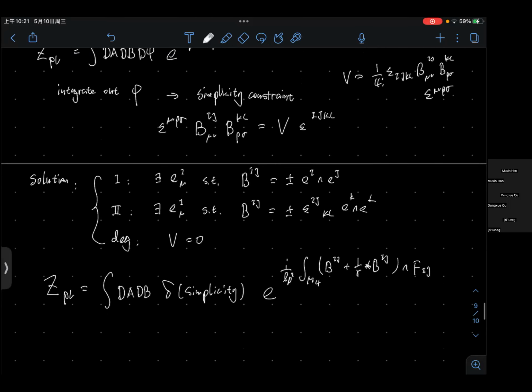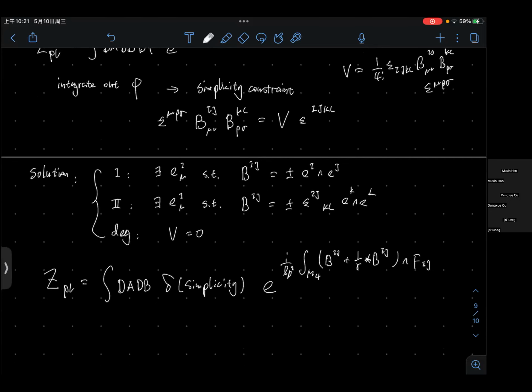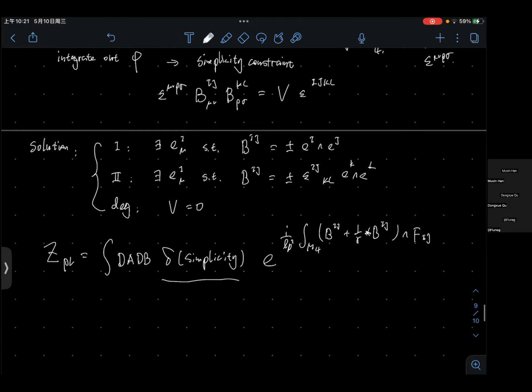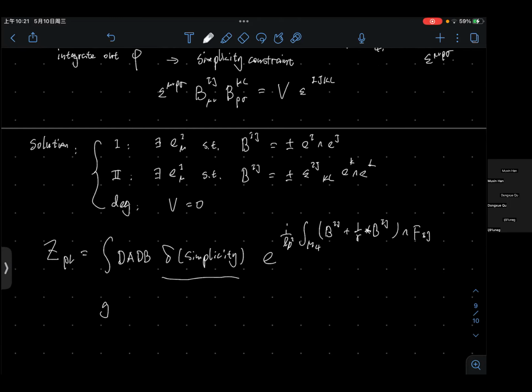So in this sense, we say that gravity is actually a constrained BF theory. From the path integral, you see that on the exponential, the action is just BF theory. But in the path integral, there is some modification of the path integral measure because there's a delta function of the simplicity constraint. It's not a free integral over all the A and all the B, but is subject to some constraint on the integration. That's why we say gravity is constrained BF theory.